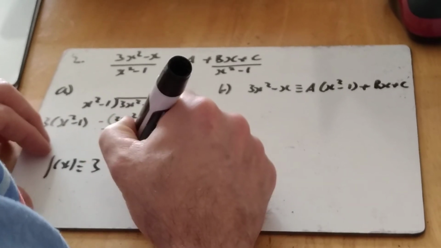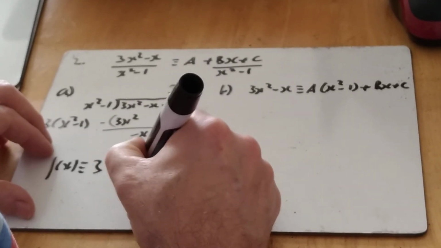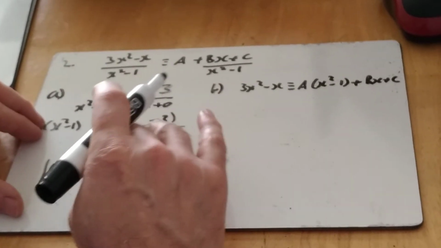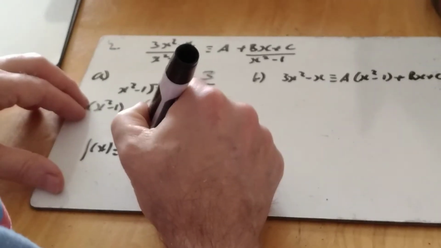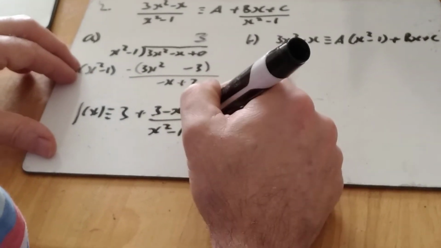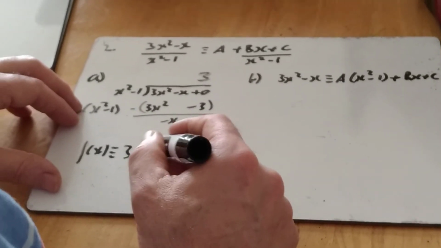Don't write minus x plus 3 over x squared minus 1, because that means minus the whole of the bracket. I would write plus 3 minus x over x squared minus 1, because it's making sure that that term there is positive.